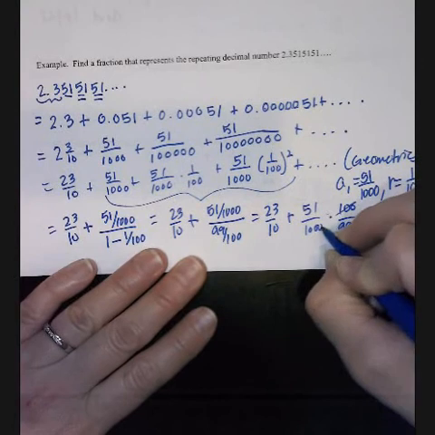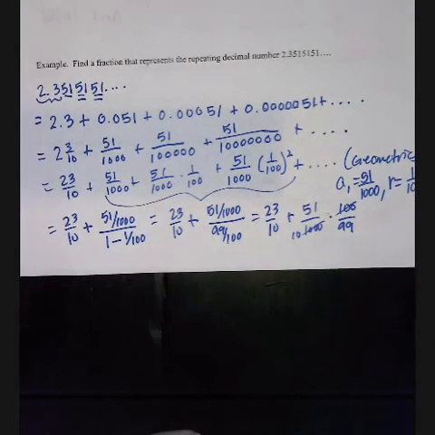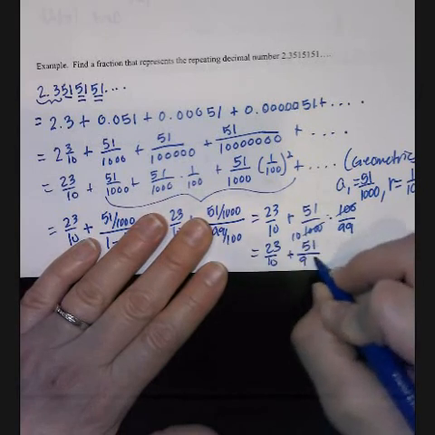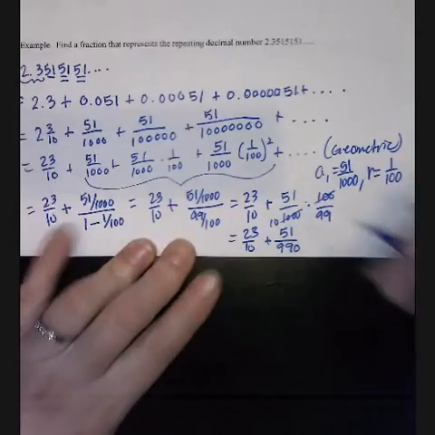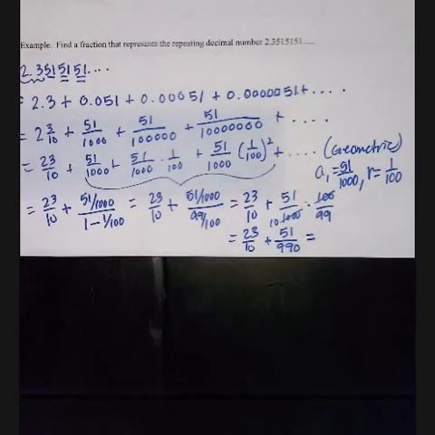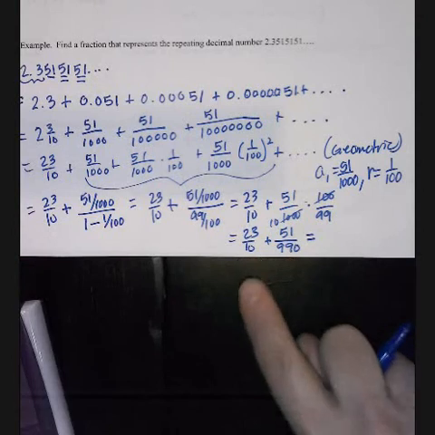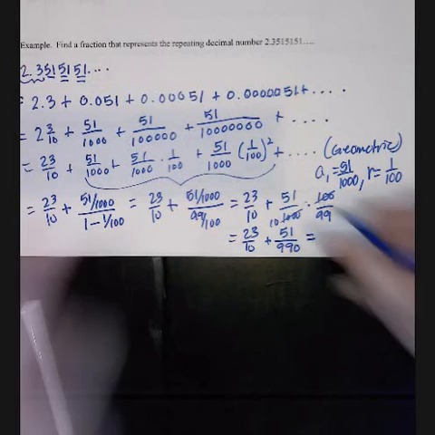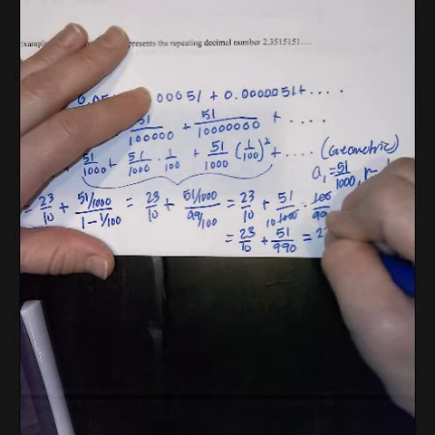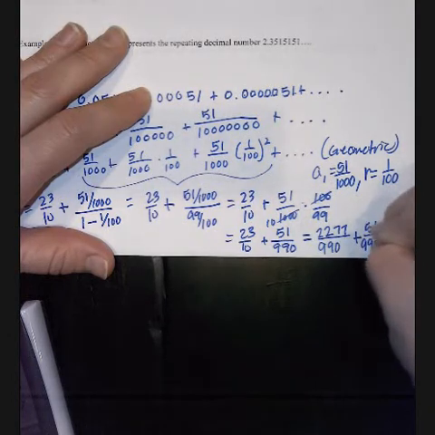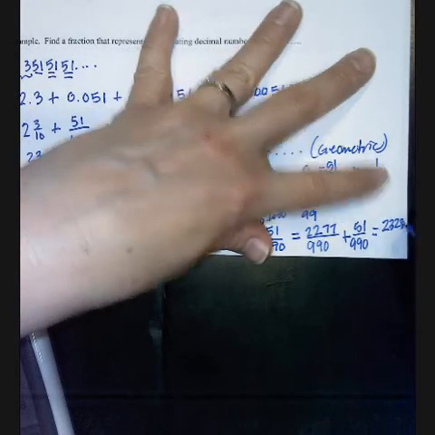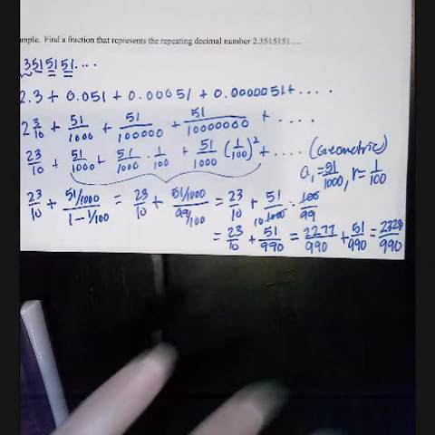So we're just left with a 10 there. So we get 23 over 10 plus 51 over 990, which means now we need a common denominator, which will be 990. So I'll take 23 times 99, whoops, which is 2,277. So we end up with 2,328 over 990.